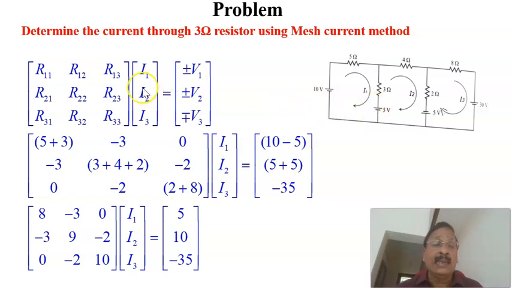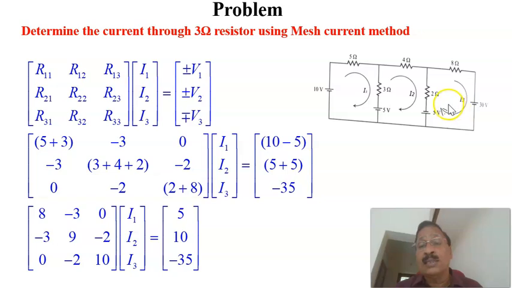And the second diagonal element, R22, is the total sum of the resistance in the second loop: 3 plus 4 plus 2 ohms. That is the sum of the resistance in the second mesh.